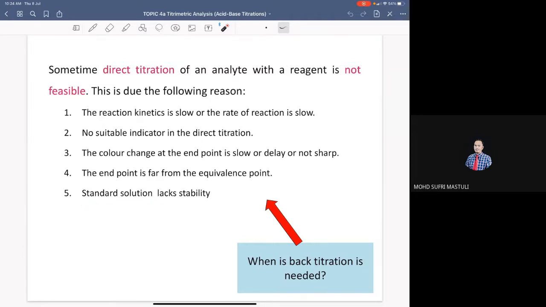So these are the reasons we perform the back titration. Remember, back titration is double titration. The first titration we add an excess amount of standard solution, and then we continue with the second titration by using another standard solution.